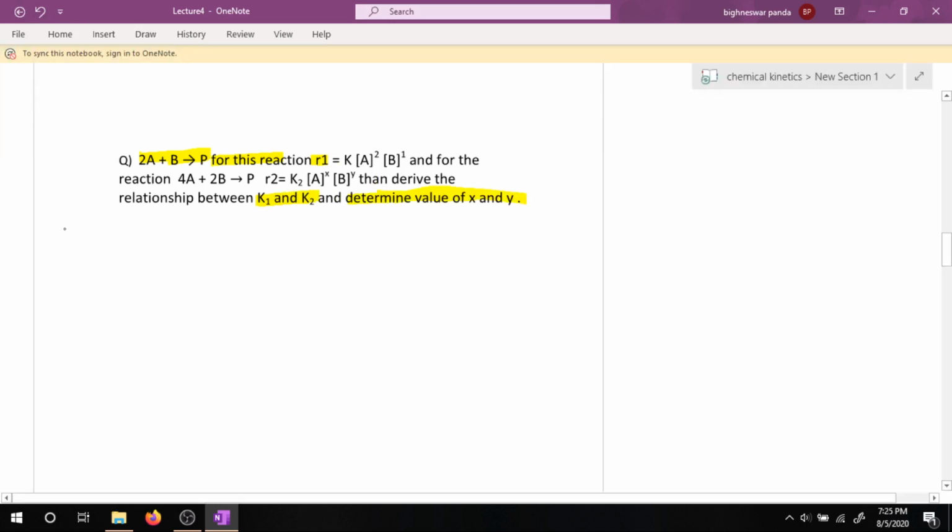This question: 2A plus B gives product. For this reaction, I can write R1 is equal to K A power 2 B power 1, or for that reaction, R1 is equal to 1 by 2 of minus dA by dt, the rate of reaction.